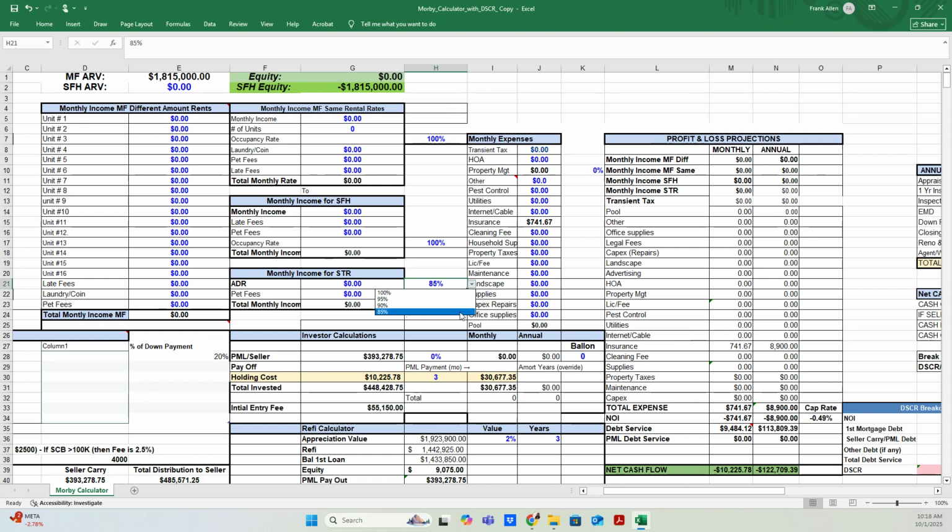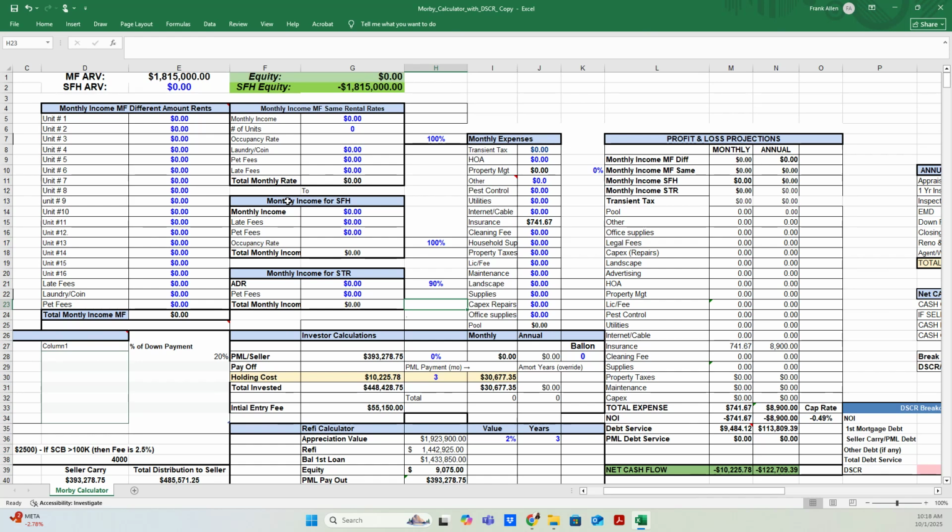It shows what kind of occupancy rate you're going to have in that area, and gives you a ballpark figure of what that property is capable of making. Those are the numbers you have to go off of, and that's what the lenders use as well.